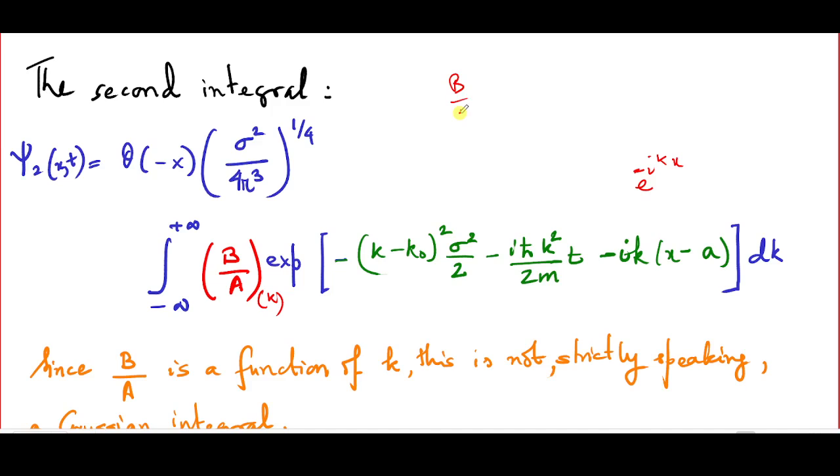Write b by a at k as some constant c0 plus c1 into k minus k0 plus c2 into k minus k0 whole square, at least up to quadratic power, because we are keeping up to quadratic power in the exponent, and then carried out the calculation.